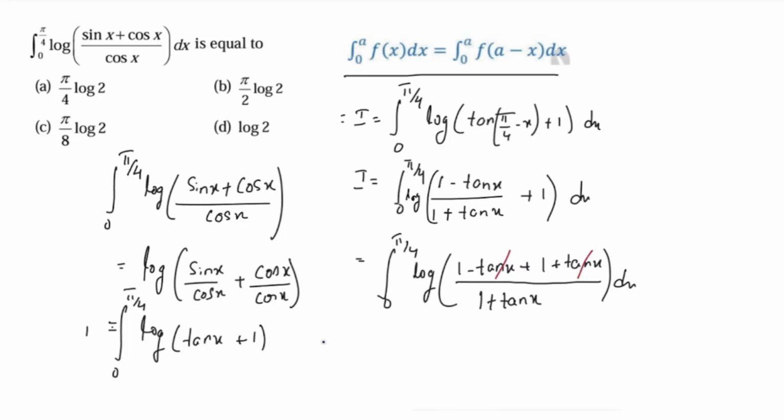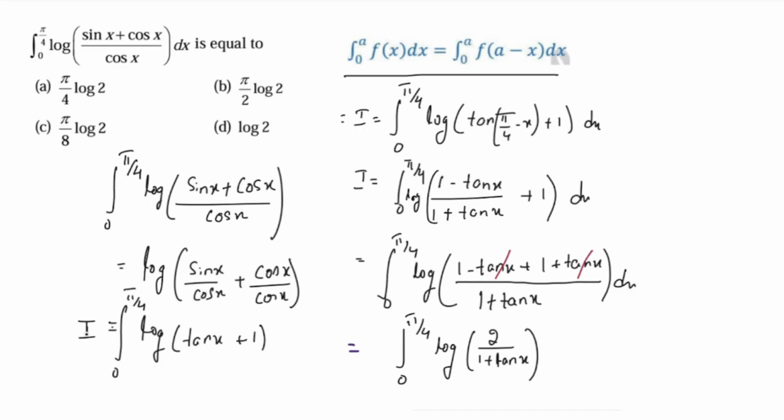We end up getting 0 to pi by 4 log of 1 plus 1 is 2 divided by 1 plus tan x.